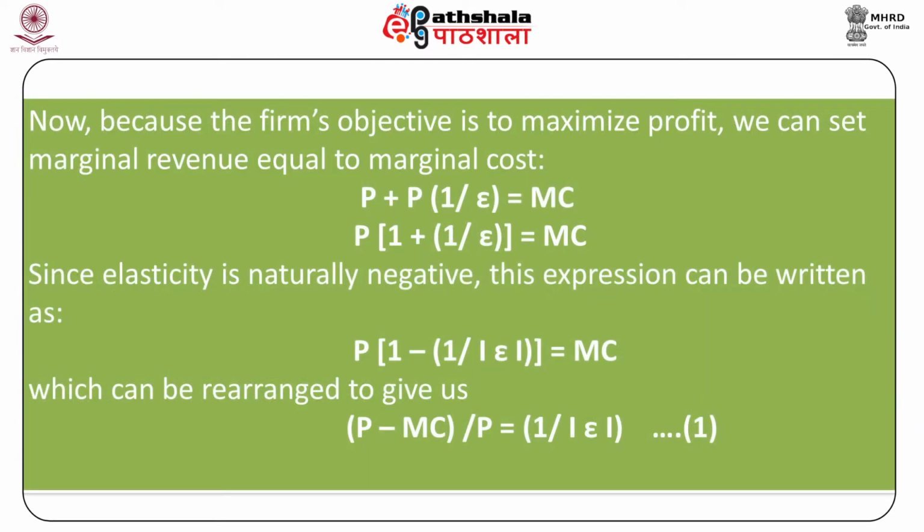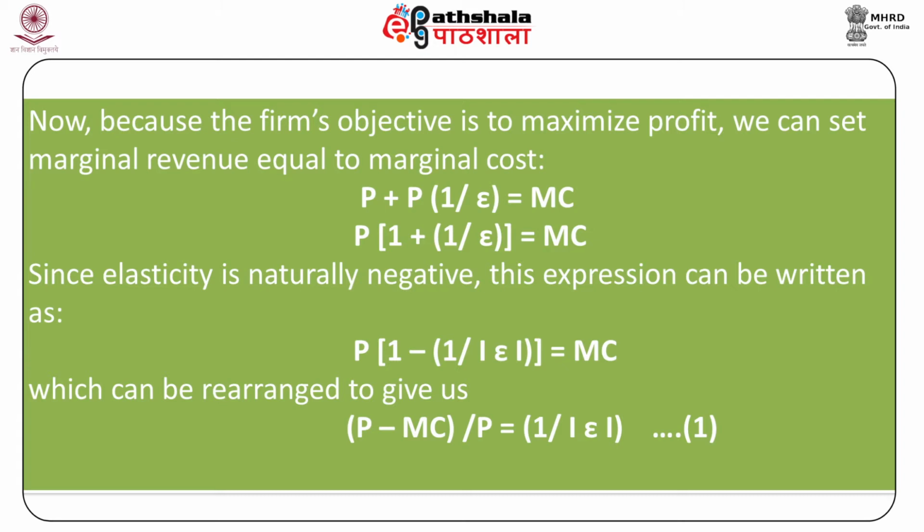Now, because the firm's objective is to maximize profit, we can set the marginal revenue equal to marginal cost. In other words, P plus P into 1 upon sigma is equal to MC, or P into 1 plus 1 upon sigma is equal to MC.